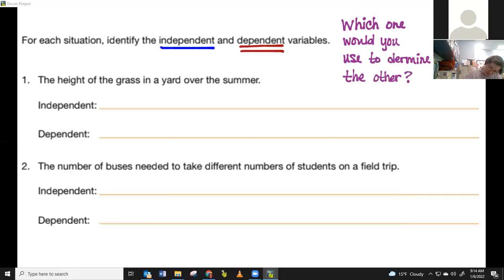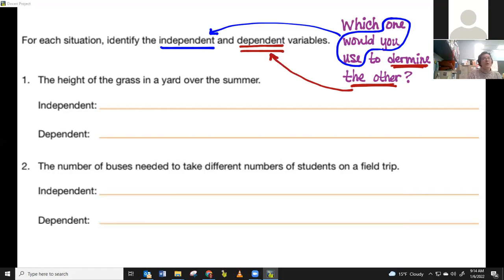The one that you would use would be your independent variable, and the one that you would be determining based on that information would be your dependent variable.